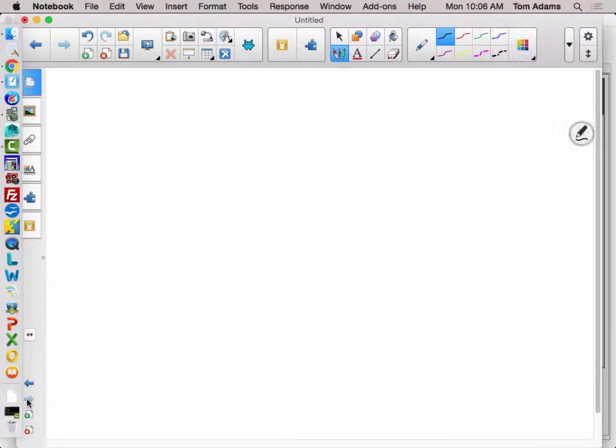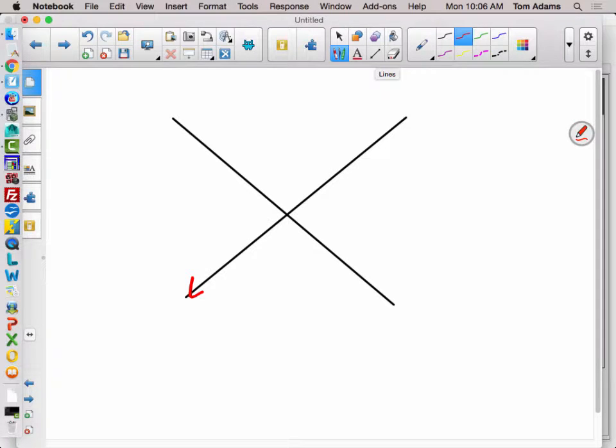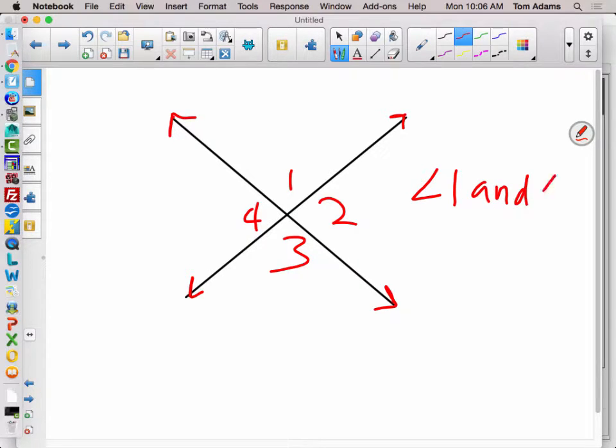So now another type of angle, if I go like this and like this, then we would have 1, 2, 3, 4. Now, when you have two intersecting lines, we would say that angle 1 and angle 3 are vertical angles.